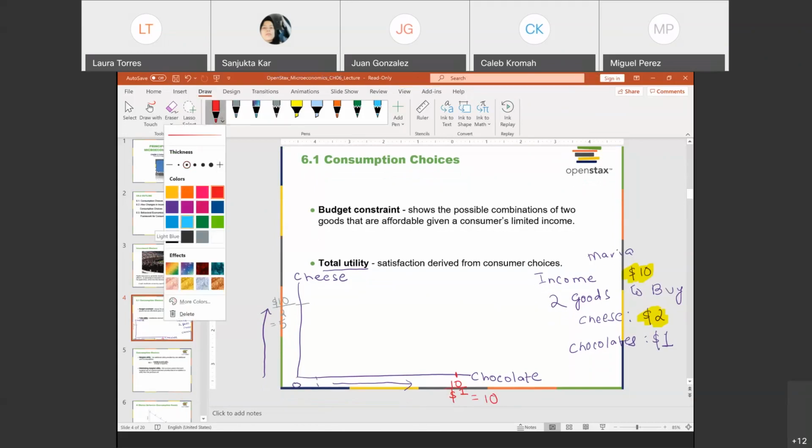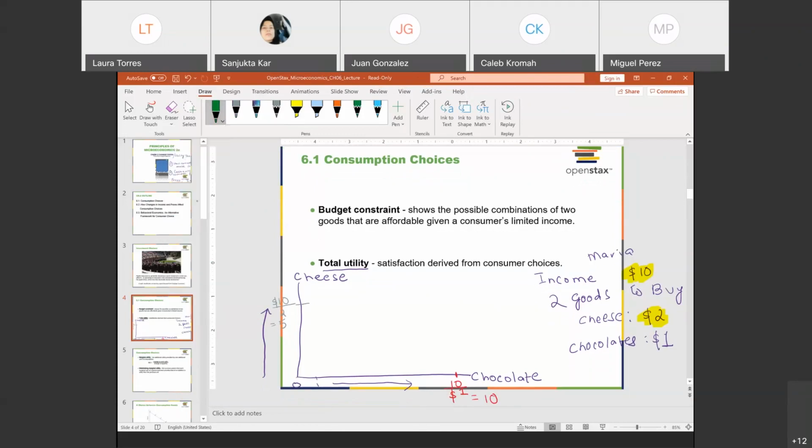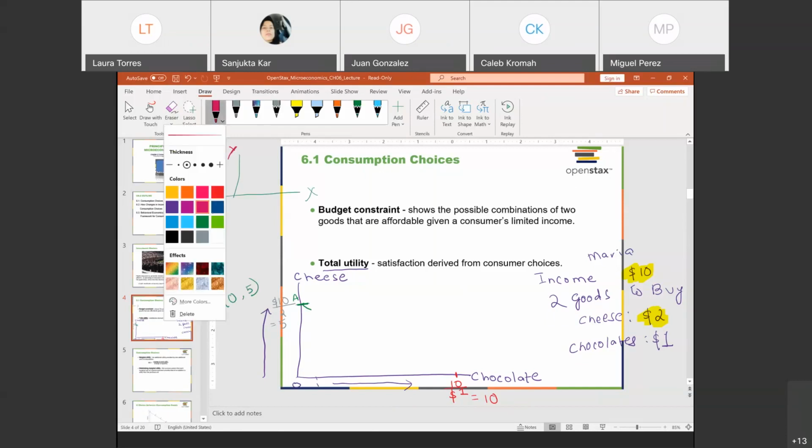So we make the assumption that at this point she is buying, say this is the anchor point, point A here. At point A, she is buying 0 chocolates and 5 cheese. Remember, we have X on the horizontal axis and Y on the vertical axis.